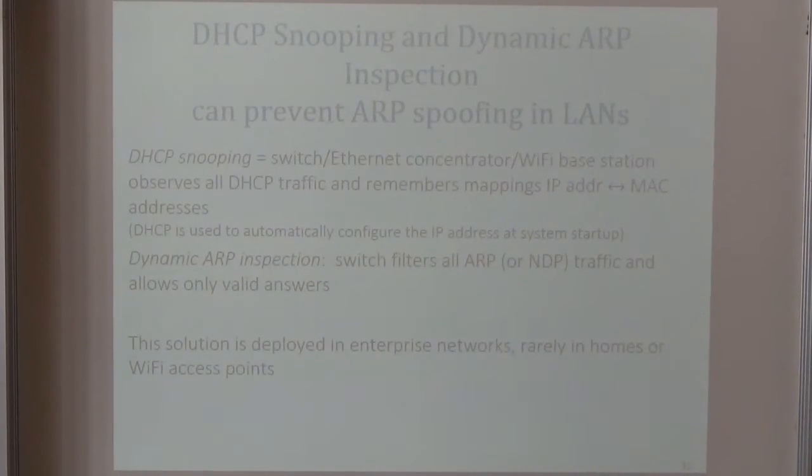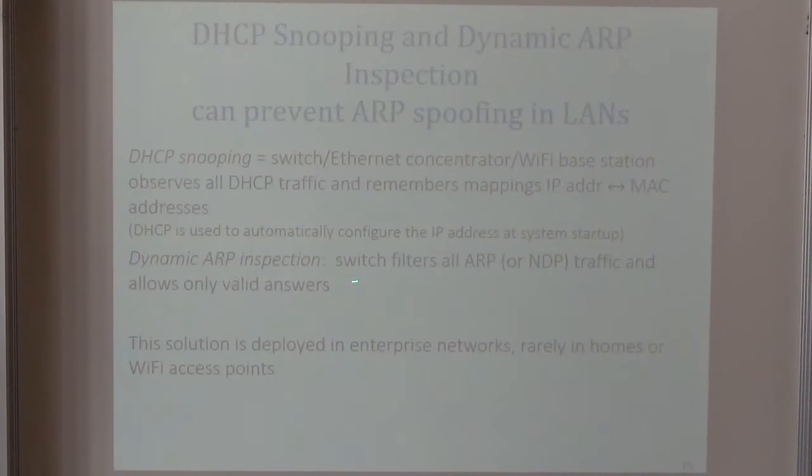When it sees a broadcast, when you send an ARP request or a neighbor solicitation, that is broadcast or multicast to everyone, then the switch will violate the TCP-IP architecture if you want. It will look inside the packet, it will say, oh, this is an ARP packet, I refuse to broadcast it, but I will try to see if I have a correct answer to the query that's asking it.